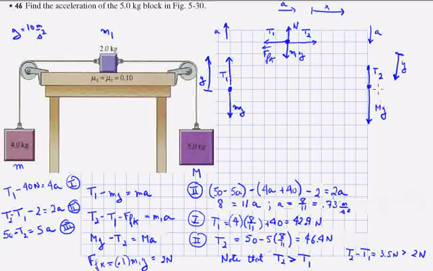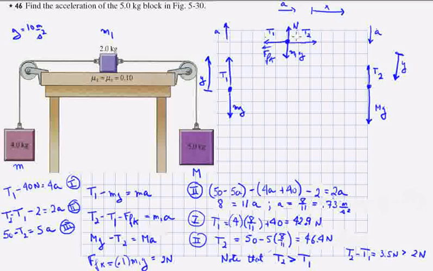Over on the right side, I expect big Mg to be bigger than T2, and now I'm going to reverse my sense. So the positive direction is again parallel to the acceleration, which on the right side is down, and on the left side is up.